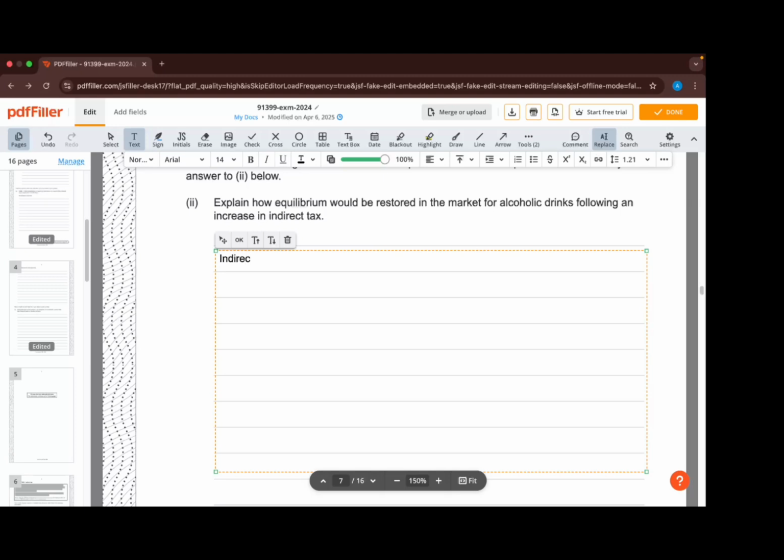So an increase in indirect tax will decrease quantity supplied. Sorry about the pause. And remember, guys, just like in level 1, we really need to say decrease quantity supplied at each and every price.